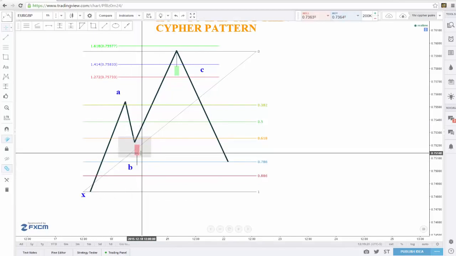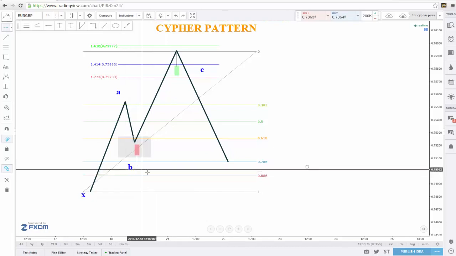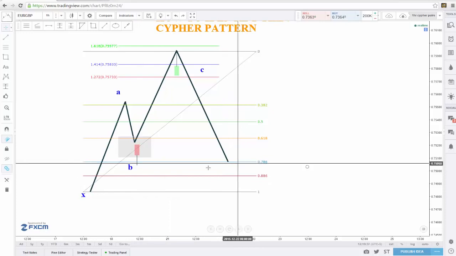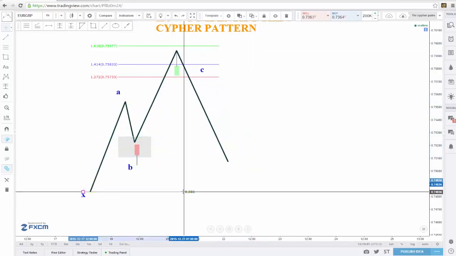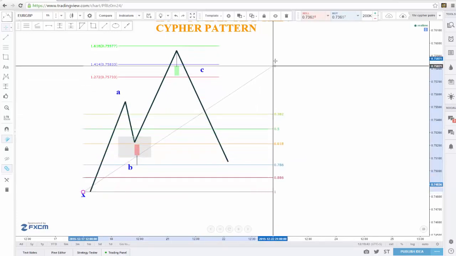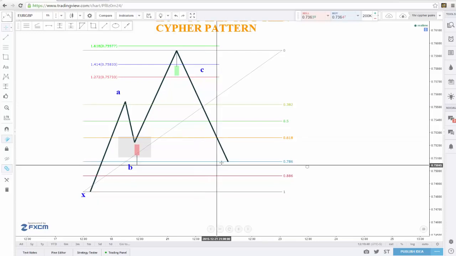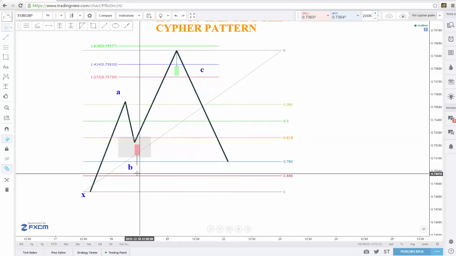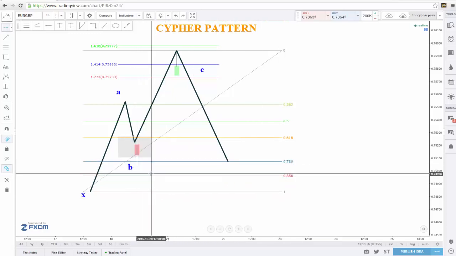So if this candle was our B point of the cipher pattern, then that would invalidate the cipher pattern because B comes below the 786 retracement. So if we pull from our X all the way up to our C for our D point completion, and B touches 786, then that invalidates the cipher pattern.